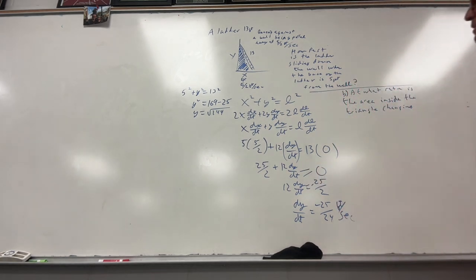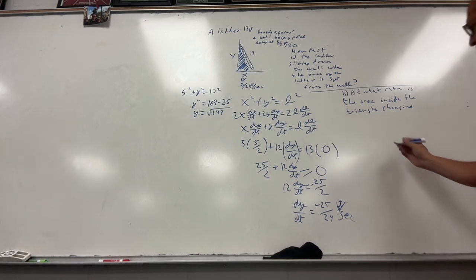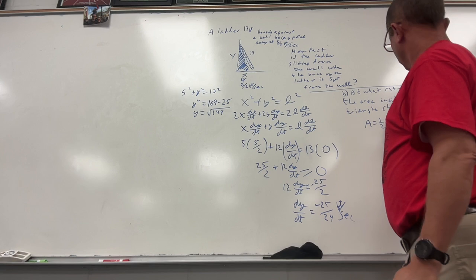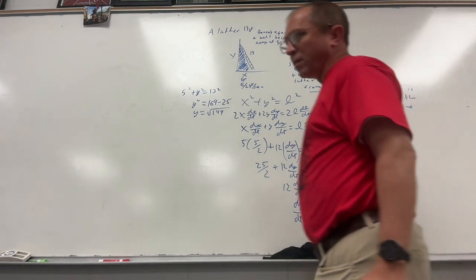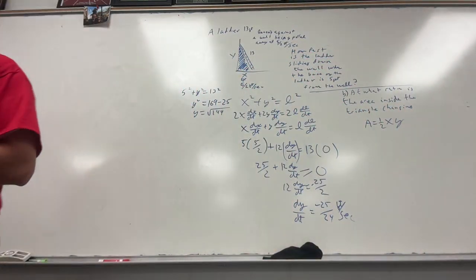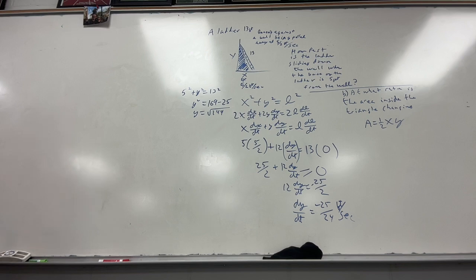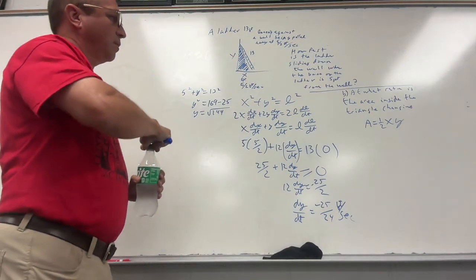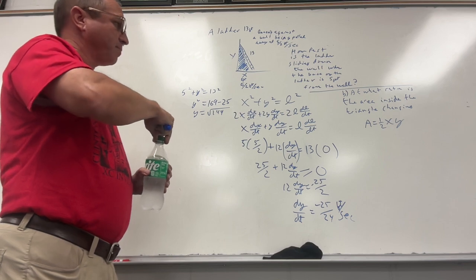Well, what is area for a triangle? Length times width divided by 2. But for length and width, I'm going to put x and y because that's just how I've got them labeled in this problem. So area is going to equal 1/2 xy.